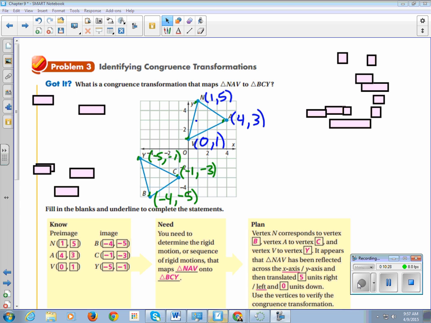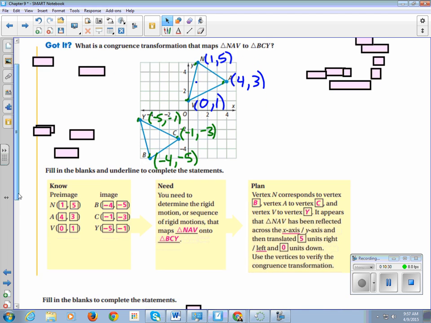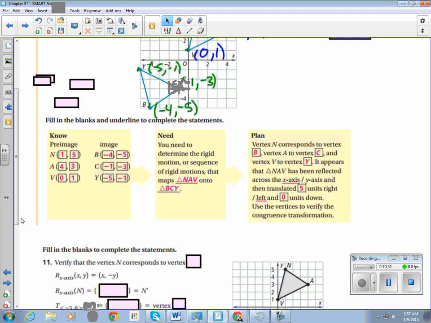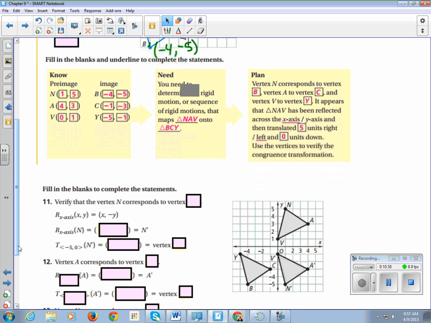So we have two rigid motions that happen. When you look back at your notes, a reflection across the x-axis is when our x-coordinates stay the same and our y-coordinates are negated.